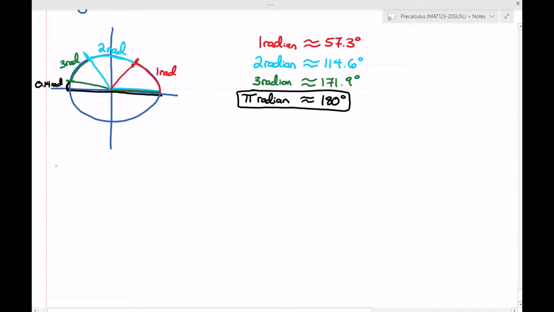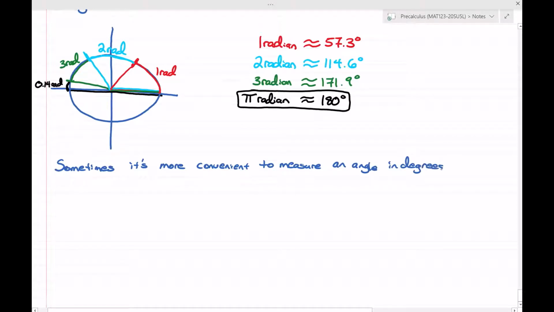So sometimes it's more convenient to measure an angle in degrees or in radians.